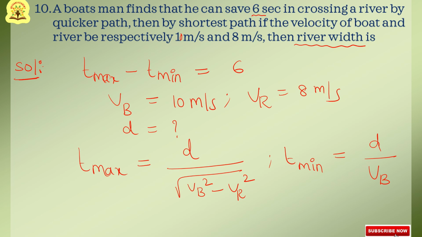Substituting these two formulas, we get d by root of Vb square minus Vr square minus d by Vb is equal to 6. Now in this d is common. Taking d as common, 1 by square root of Vb square minus Vr square minus 1 by Vb is equal to 6.